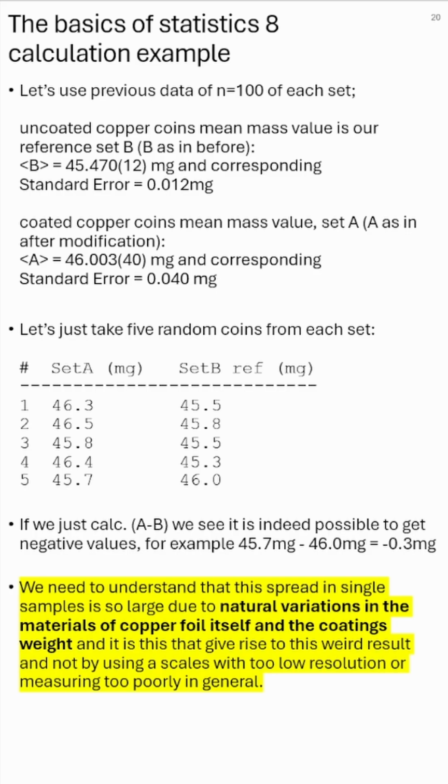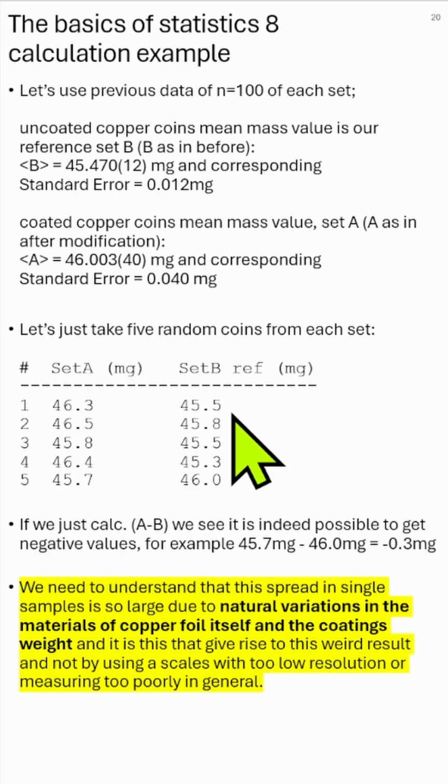So if we have that, and then we take out 5 random coins of each and make this table. Then we see in the table that the first coin after the coating has mass 46.3, second coin 46.5, and then we have 45.8, 46.4, 45.7. And before the coating we have 45.5, 45.8, 45.5, 45.3, and 46.0.